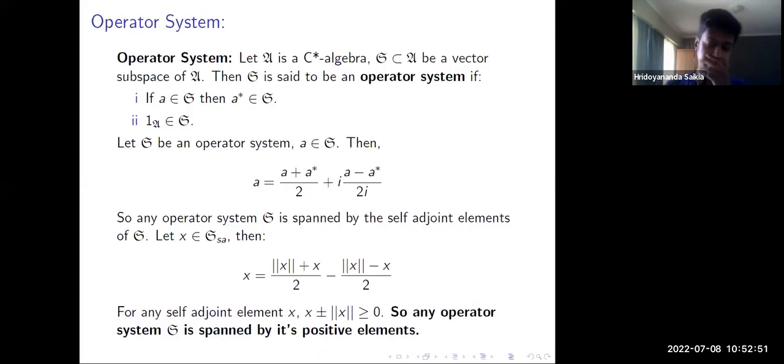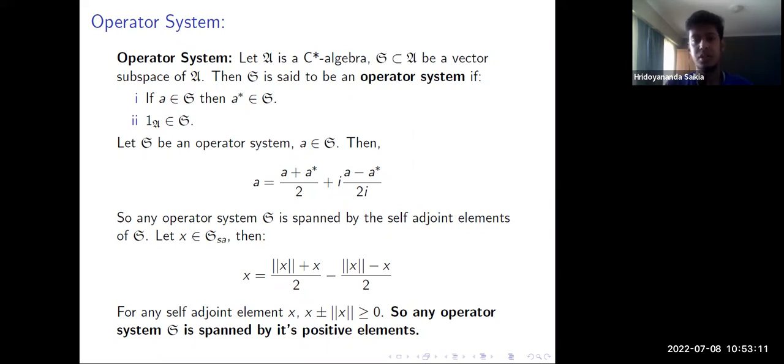Now we have the notion of operator system. Initially we were dealing with C-star algebras. Operator systems are vector subspaces contained in some C-star algebras.